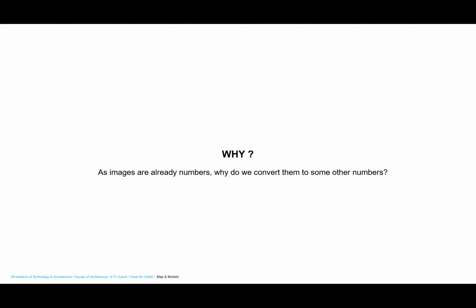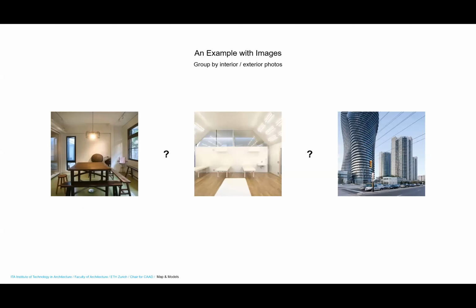Since the images are already numbers, why do we need to make another kind of abstraction, or calculate some new numbers on top of them? I would like to explain this through a very simple case. Let's assume that we would like to separate images based on what they are showing, for example whether they show interior or exterior spaces of buildings.